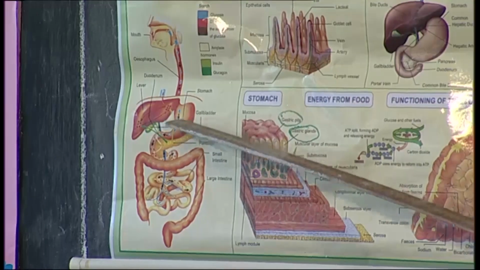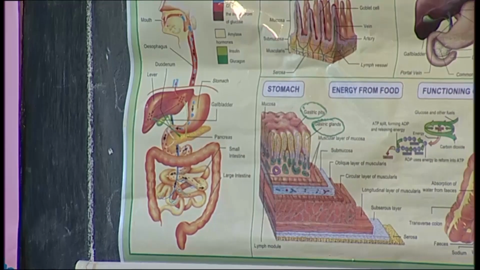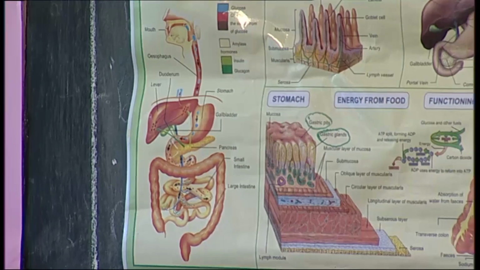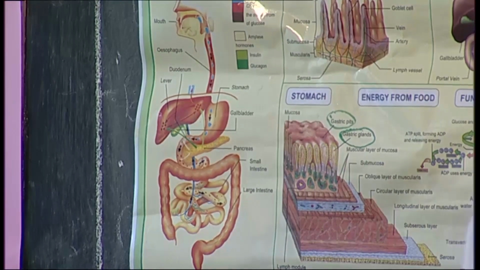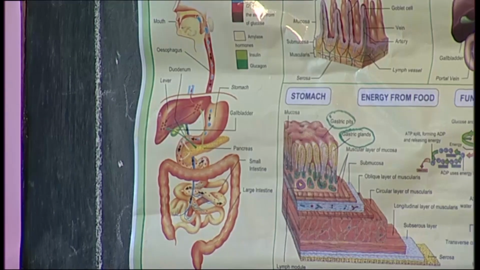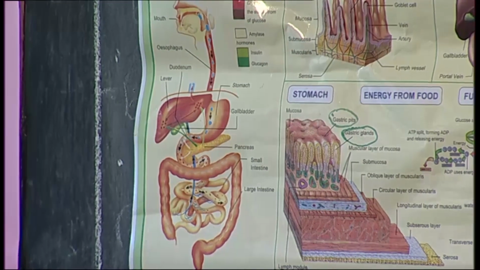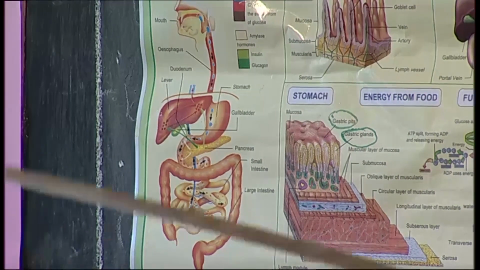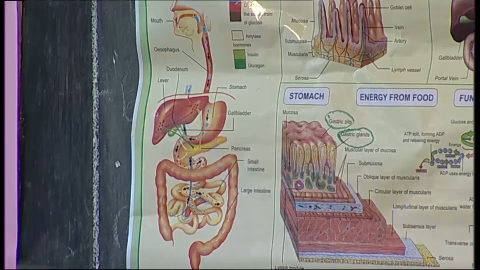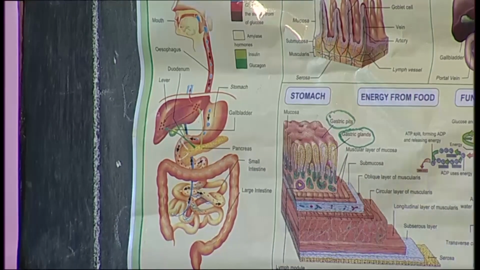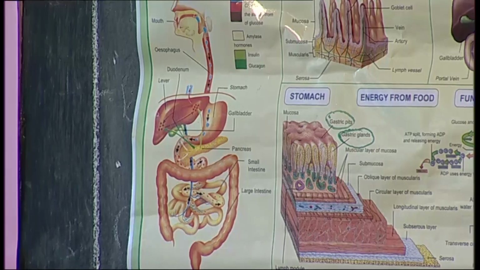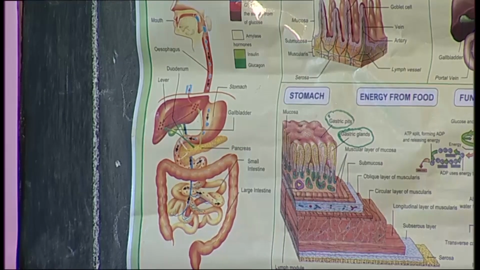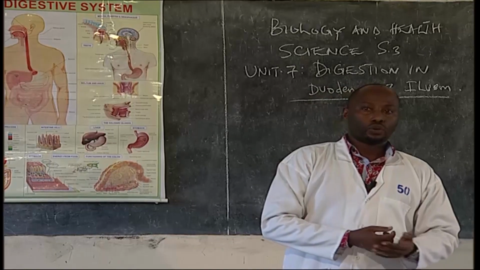We mentioned examples of gastric juice: hydrochloric acid and some protein digestive enzymes. I think you remember, students. We talked about renin and pepsin, and mentioned some of their functions, and those of hydrochloric acid.